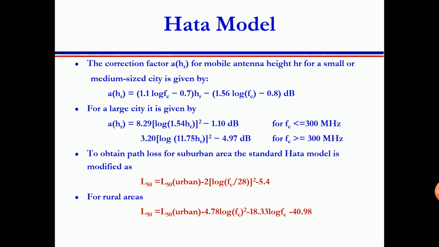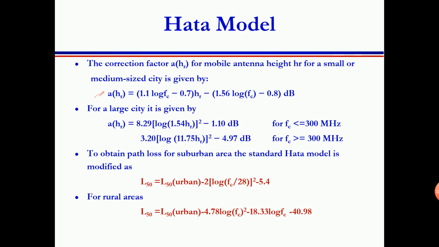It is a correction factor for mobile antenna height HR for a small or medium sized city. For a small or medium sized city, the correction factor formula is (1.1 log FC minus 0.7) times HR minus (1.5 log FC minus 0.8) dB.